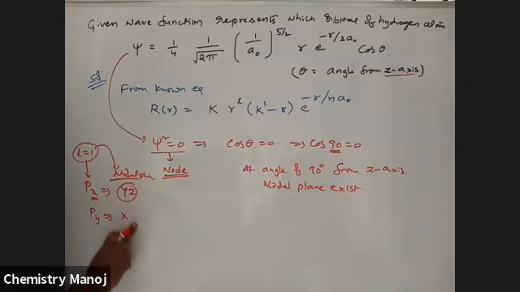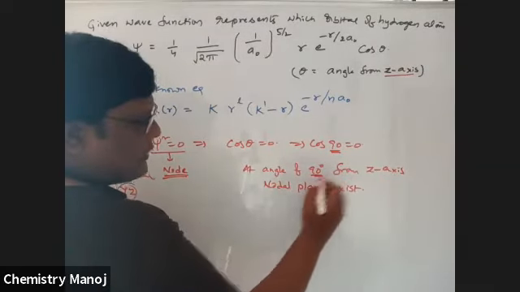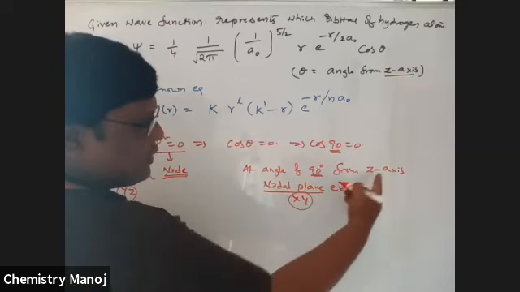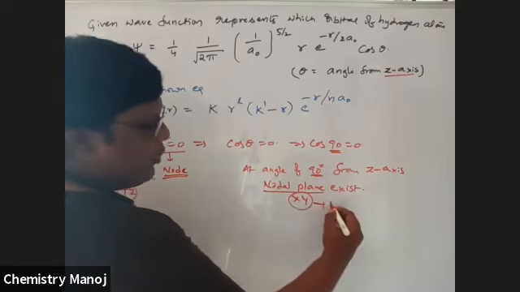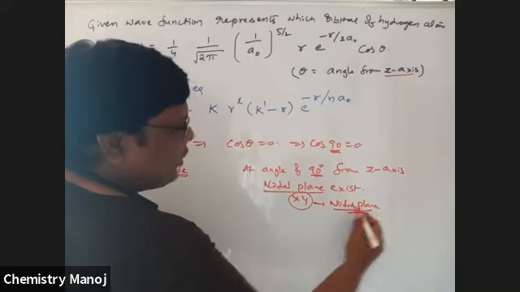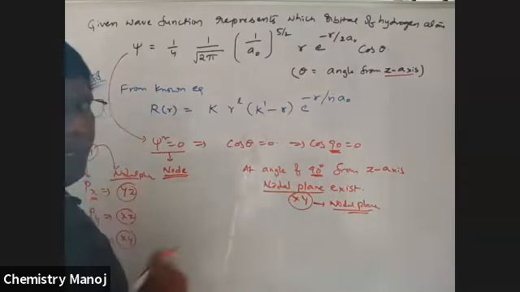For pz orbital, the xy plane is the nodal plane. For the Z axis, the nodal plane at 90 degrees is the xy plane. That means for this orbital, the xy plane is the nodal plane. One nodal plane is there.